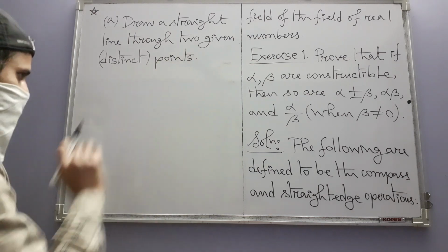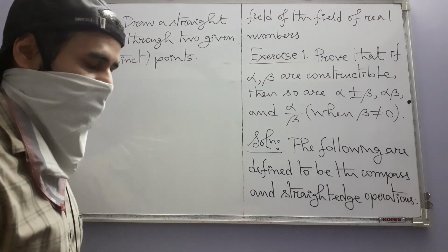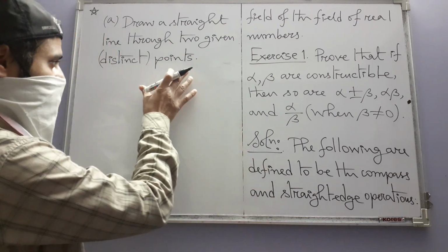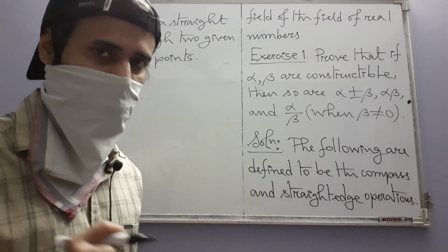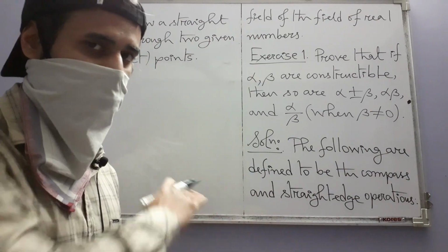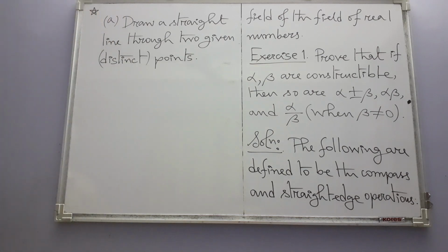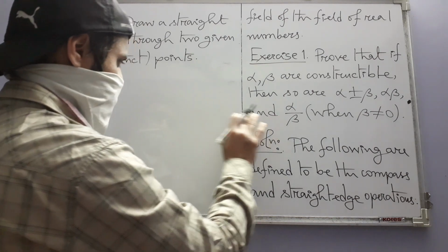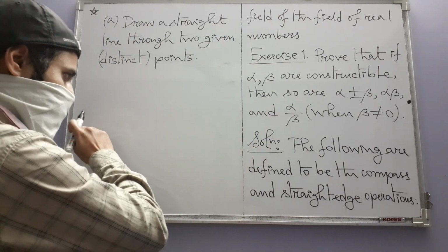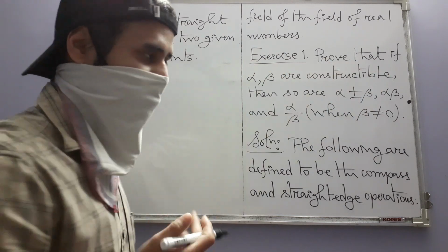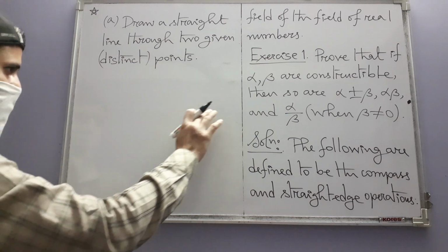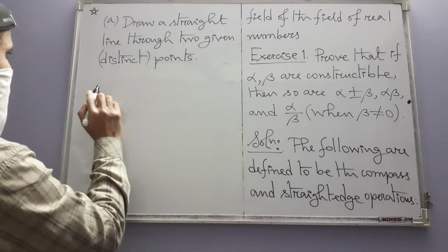If 2 distinct points in the plane are given, and we are of course talking about things in the Euclidean plane, okay, not in 3D space but in the Euclidean plane, then we can draw a line through them. That is one operation.